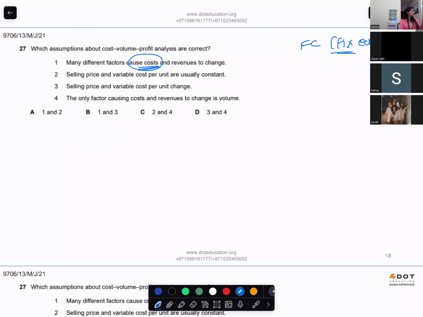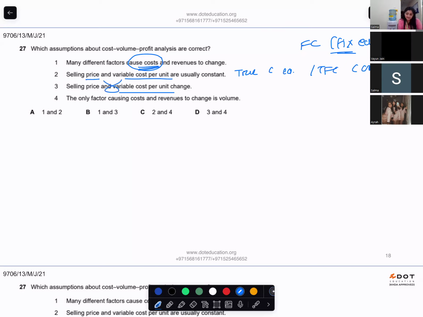Then selling price and variable cost per unit are usually constant. So this is true, this is correct. When I'm saying it will remain constant, in fact, the total fixed cost also remains constant. The third one is false.